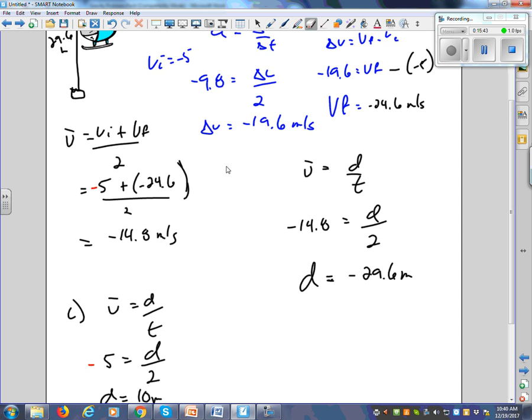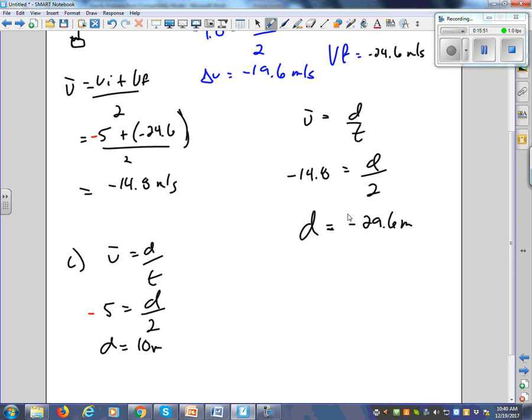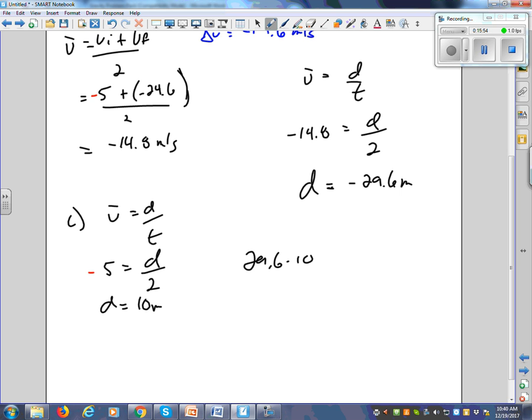Negative 10. So if that's 29.6 and this is 10, what do you know? What's the number? This time you subtract: 19.6 meters. It doesn't matter how fast you give it, the separation is going to be the same. It's not a coincidence. It's always going to be like that.